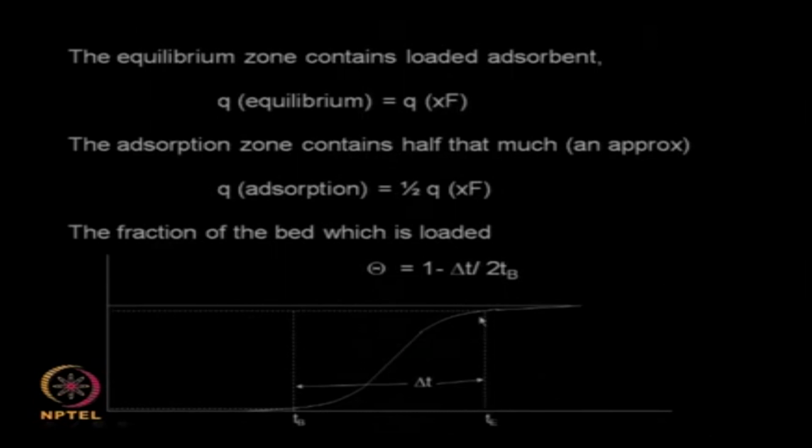So once you calculate the exhaustion time and the breakthrough time in your small lab adsorber, you can calculate theta and see how large theta is, whether it is closer to 1, 0.8, 0.85, then it is very good. But if you have less, like 0.5, that means only 50% of the bed is fully loaded when the breakthrough happens, that means the other 50% is not serving any purpose, and again after breakthrough you do not want to run the adsorber, so you need to regenerate.